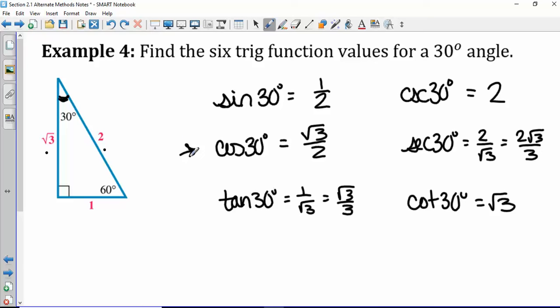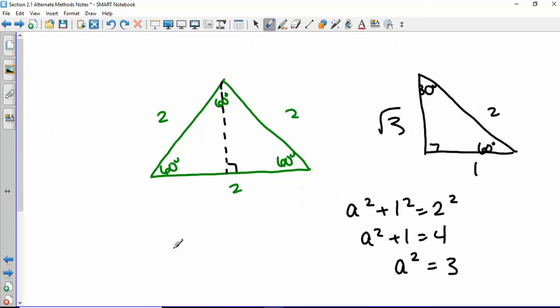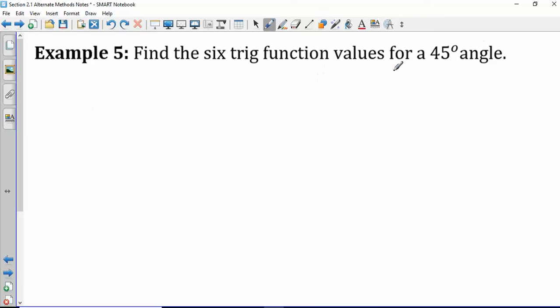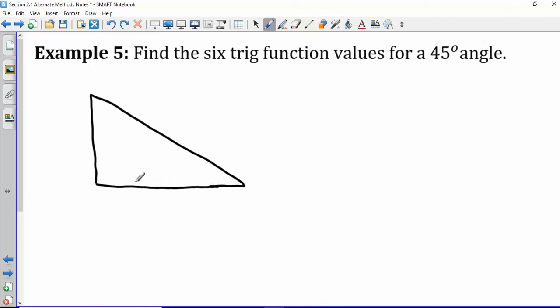Okay. The third and last common angle we have is 45 degrees. So let's create our triangle. We know we have to have a right triangle. So if one of these angles is 45, what's the other one? 45.